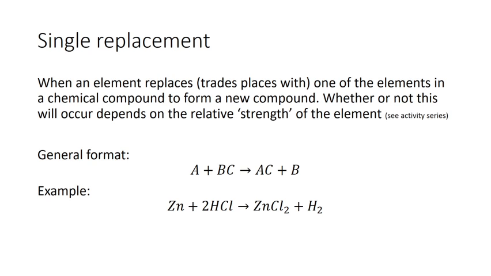The general format would be A plus BC forms AC plus B. And an example of this that I think we saw last year, maybe not. If not, we can take a look at it again. Zinc reacting with hydrochloric acid. Zinc replaces the hydrogen in that compound, forming zinc chloride and then hydrogen gas.